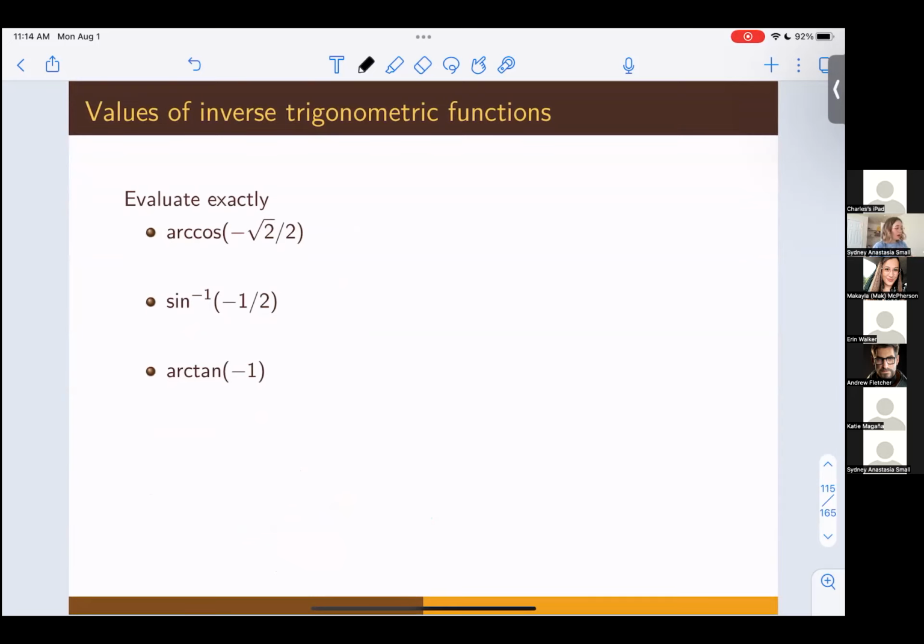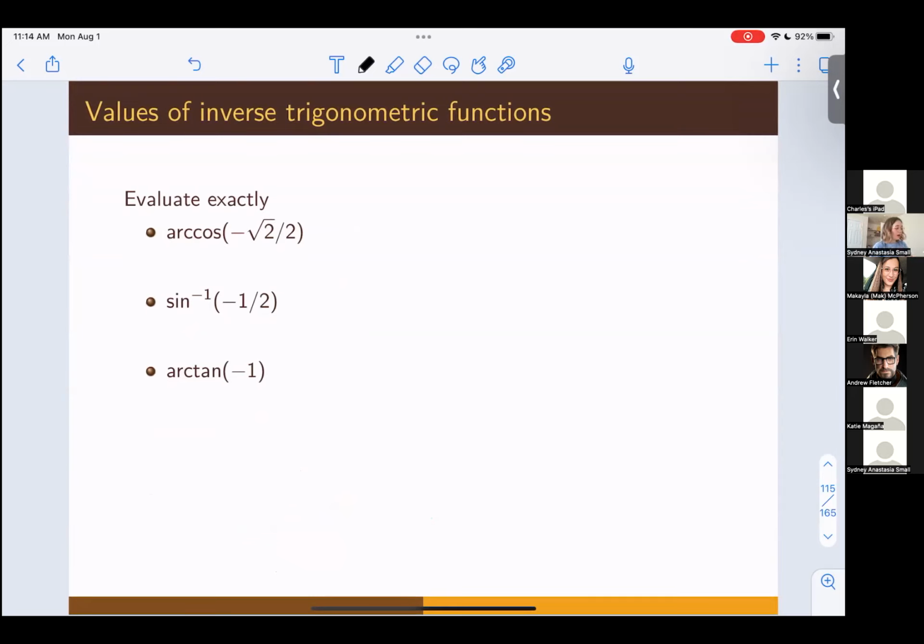What do I mean by that? Where in these quadrants does the tangent function, for example, evaluate to -1? Where in these quadrants does the sine function evaluate to -1/2? You can also think about where in these quadrants is there an angle theta whose sine is -1/2, or whose y coordinate on the unit circle is -1/2?